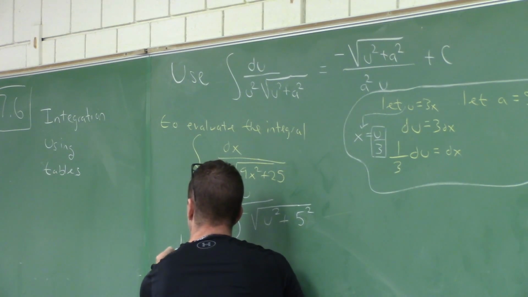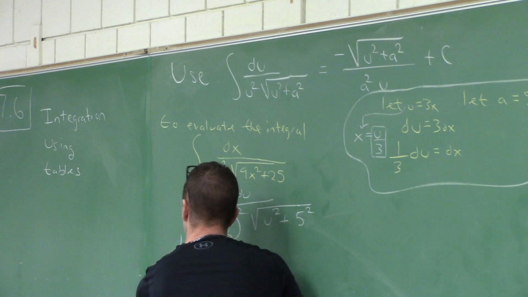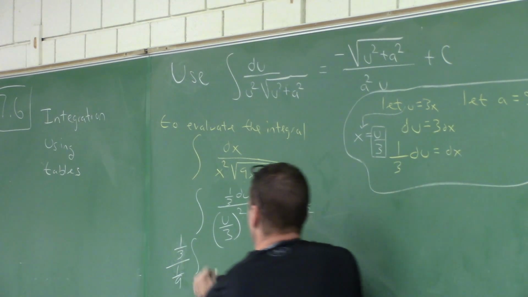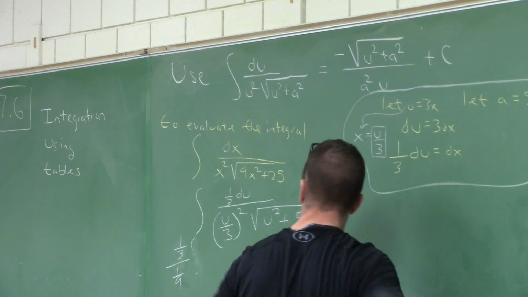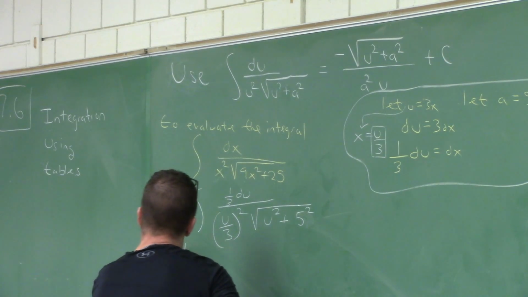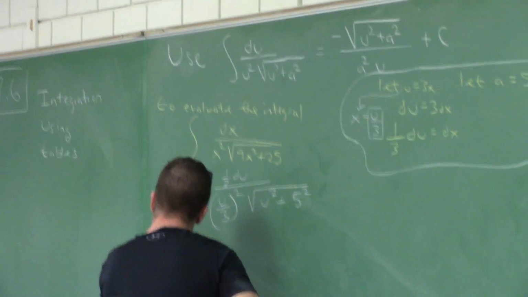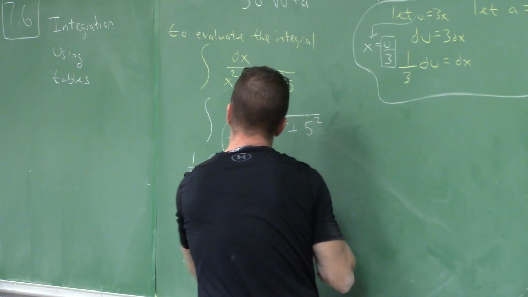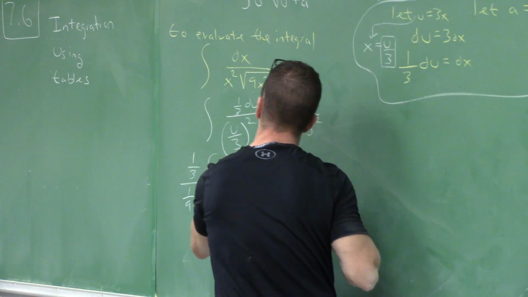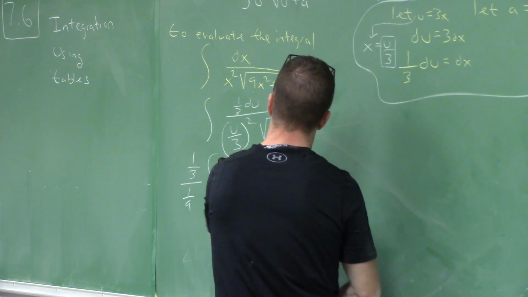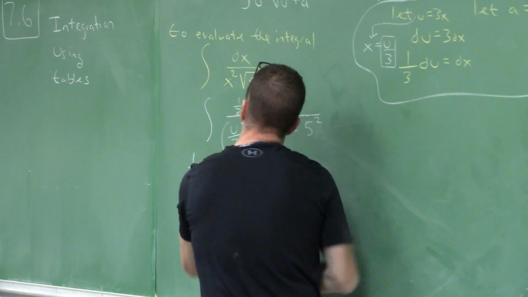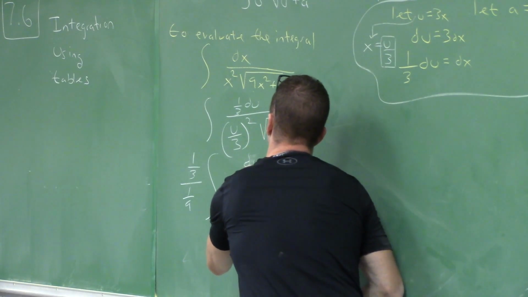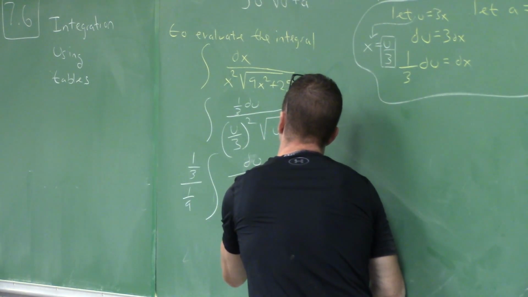Can you help me with this? 1/3 divided by 1/9, what the heck is that? Right, let me lower it down so everyone sees this. 3? Yeah, so I'm going to write 1/3 over 1/9 all in front of this integral. This has just got a nice du here. There's a 1 on top. This is just now a u squared, right? And a square root of u squared plus 5 squared, or 25.